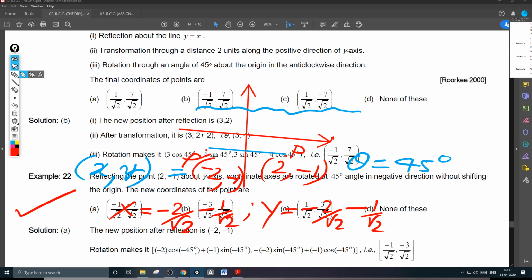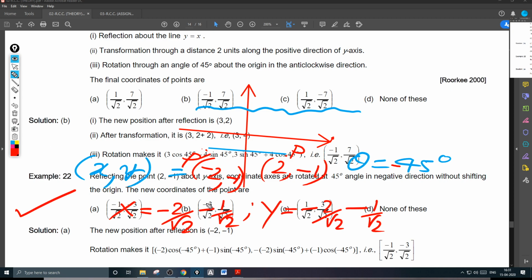Minus 2 cos 45. This is okay. Minus 1 sine of minus 45. It is given as a negative direction. Clearly it is given as a negative direction, please. I have taken plus 45. This is minus 45, please. Minus 45. So small x is equal to x cos minus 45 plus y sine of minus 45 plus 1 by root 2.